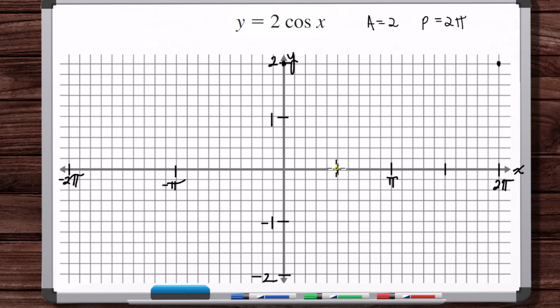We're going to have an x-intercept here and an x-intercept here, and then we're going to have a trough at minus 2. There's really 5 points to sketch the graph, but technically one of the endpoints you consider part of the next period or the previous period. And that's it. With those 5 points, sketch the curve.